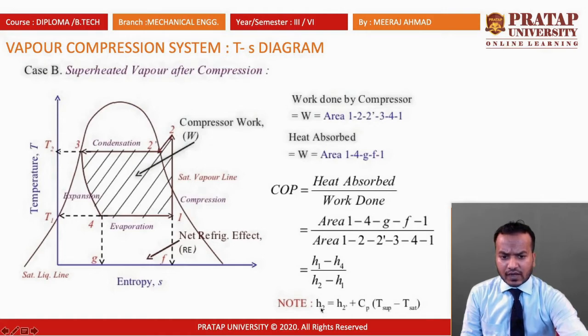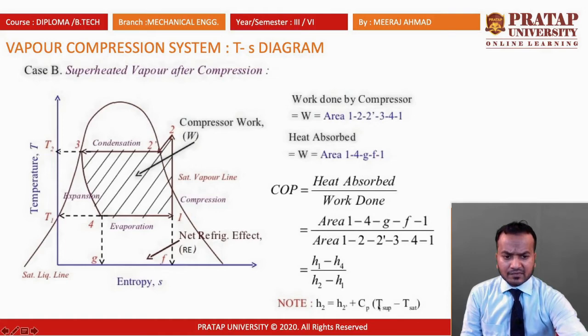So H2 equals H2 dash plus the sensible heating of the refrigerant, which is given by m Cp delta T. Here Cp is at constant pressure, because the pressure is constant, times the difference between the superheated temperature and the saturated temperature.